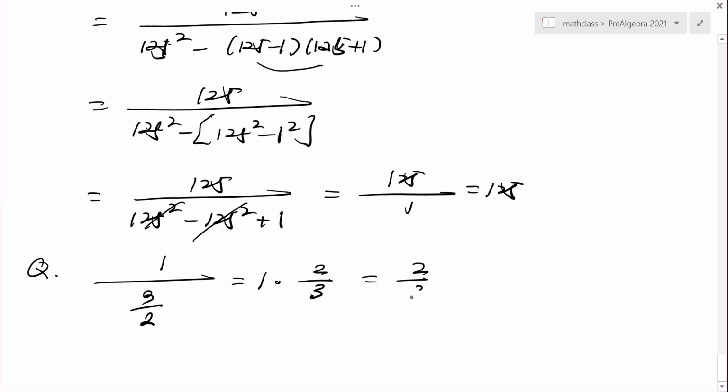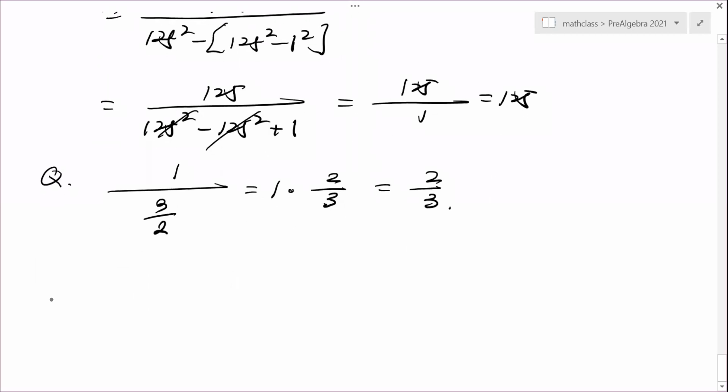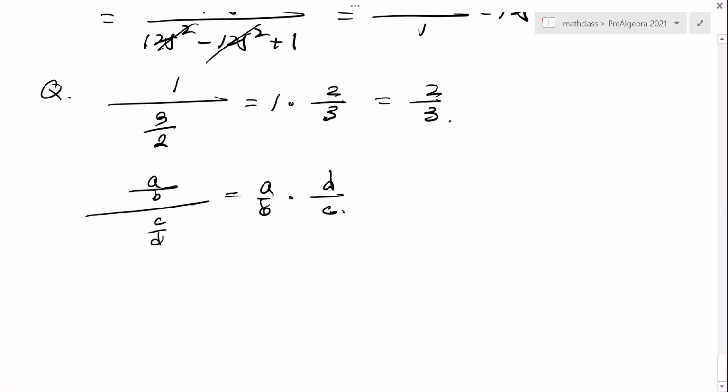So that's 2 over 3. Okay, clear. The formula we are using here is A over B divided by C over D, and here A over B is just an integer. This can become the multiplication. We're using this identity.